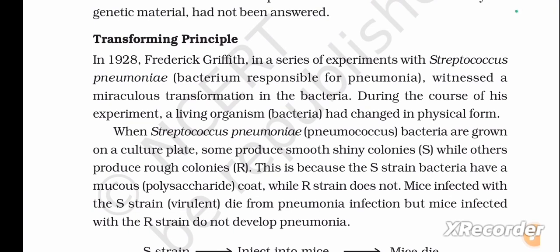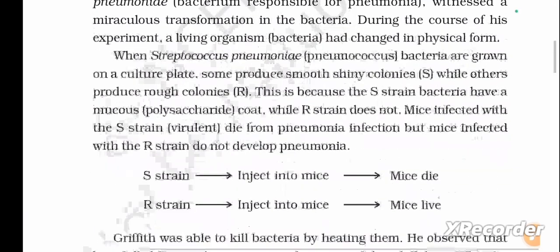This is because the shiny colonies, S strain bacteria, have a mucus polysaccharide coat while the R strain does not. Mice infected with the virulent S strain die from pneumonia infection, but mice infected with the R strain do not develop pneumonia.